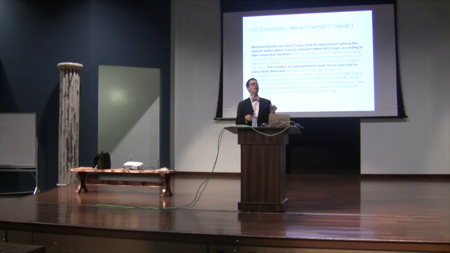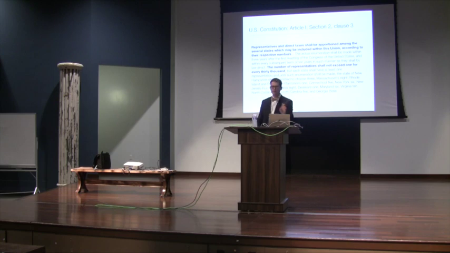Now, before we get too far ahead of ourselves, recall that this is important not just for representation in the House, but it also has great bearing on how presidents are elected. Because the number of delegates sent into the Electoral College is very much influenced by the number of representatives that state has in the House of Representatives.